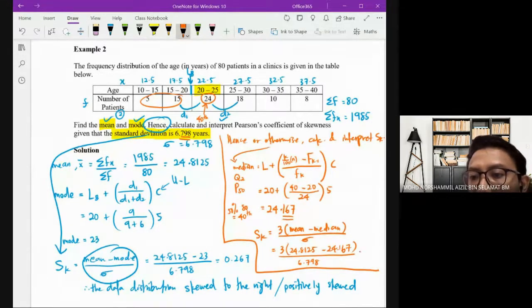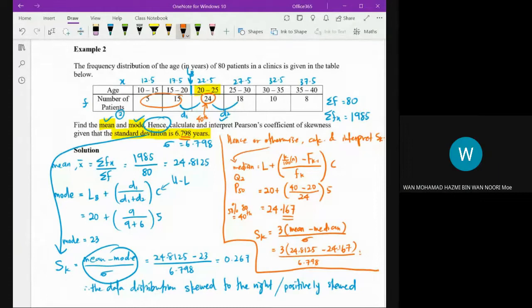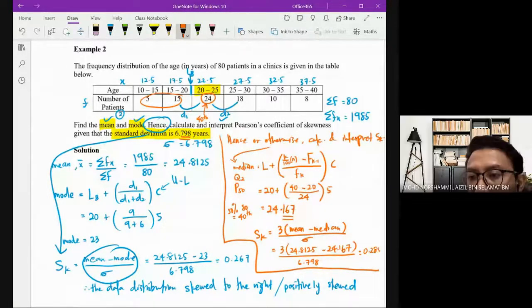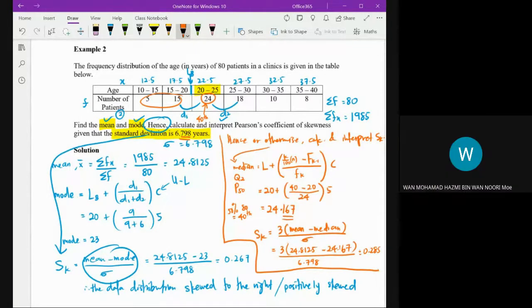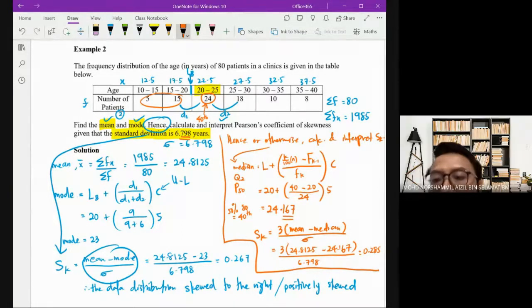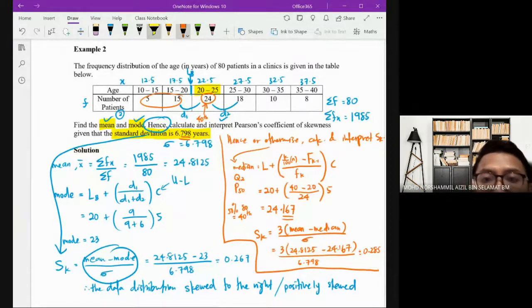So what do you get? 0.285. We accept 0.285 or 0.29. We also accept 2 decimal places because the standard deviation is given to 3, so the final answer to 2 is no problem. So as you can see, the values are almost similar, not exactly similar, but almost.